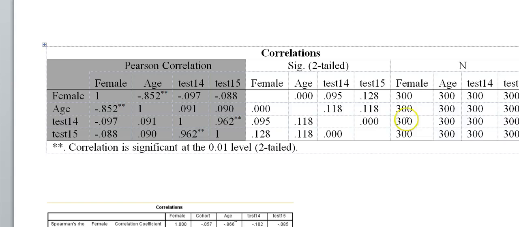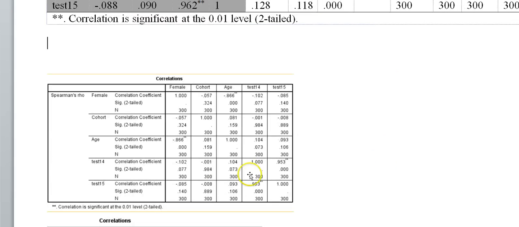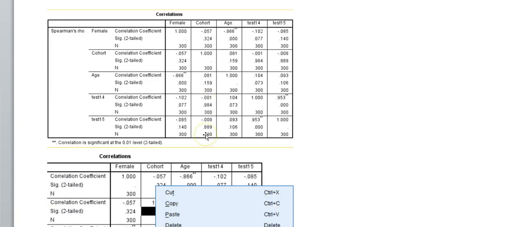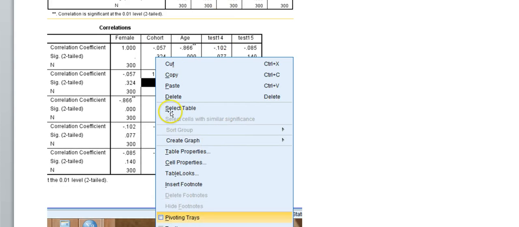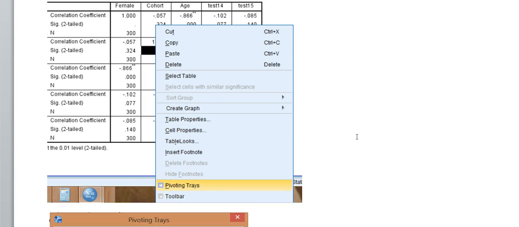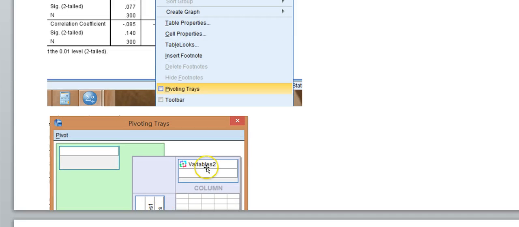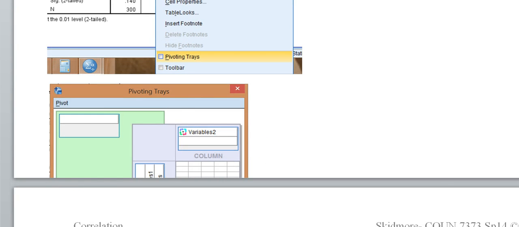Well, SPSS won't by default do this, but what you can do very simply is, when you have your correlation matrix there, and this one happens to be the Spearman rho, but it doesn't matter which one, if you click on it and then right click, or if you double click on it, you'll get this selection, and you have these things called pivoting trays in SPSS. Well, the pivoting trays allow you to move around.